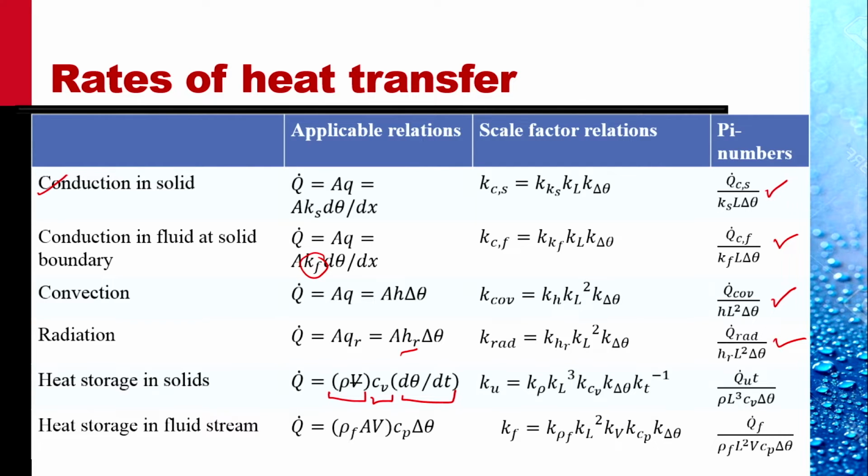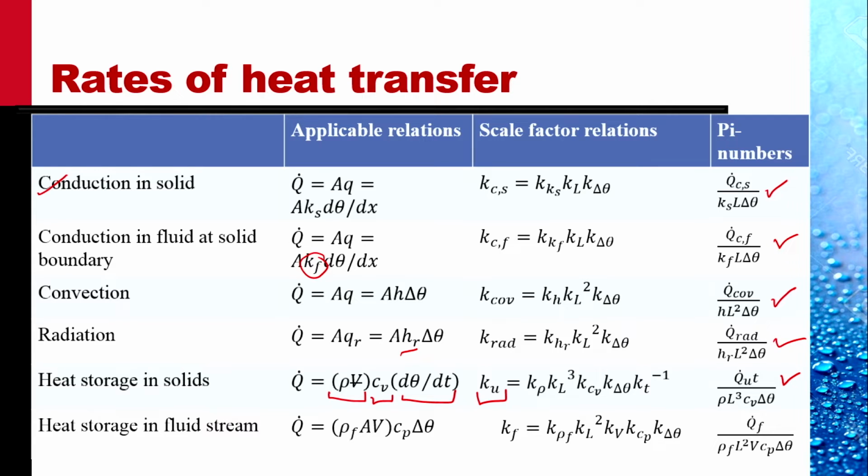We call it the scale factor of unsteady temperature in the solid, and this is K_ρ, K_L cubed, K_Cv, specific heat, K_Δθ, and K_T to the power minus 1, the time scale factor in the denominator. And this is the relevant pi number.